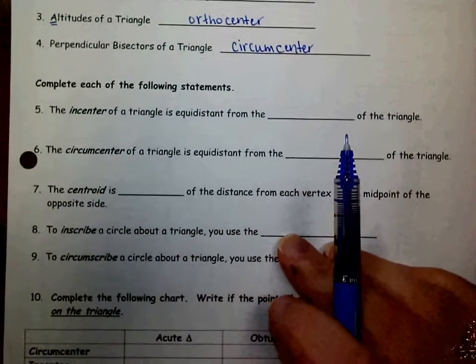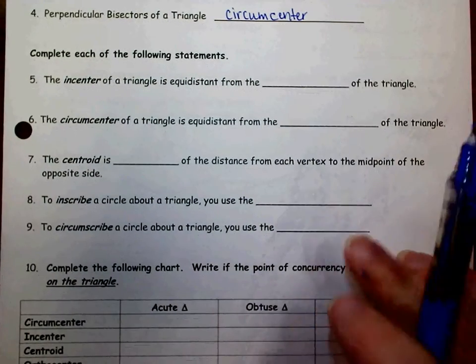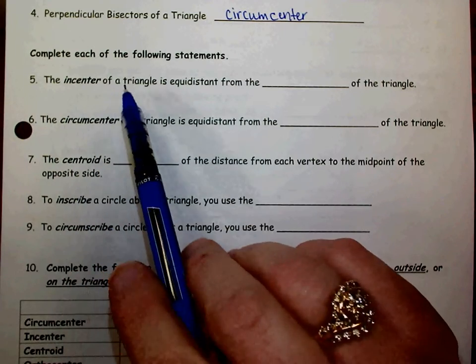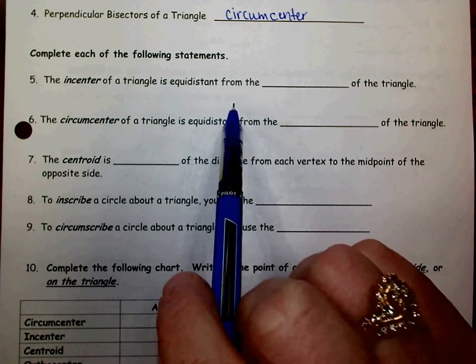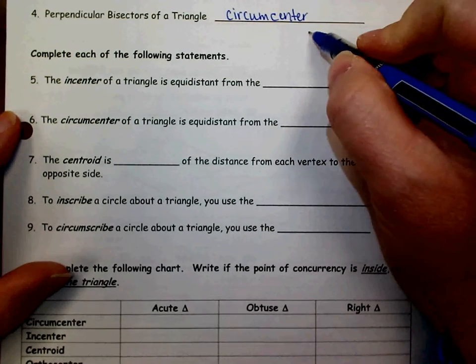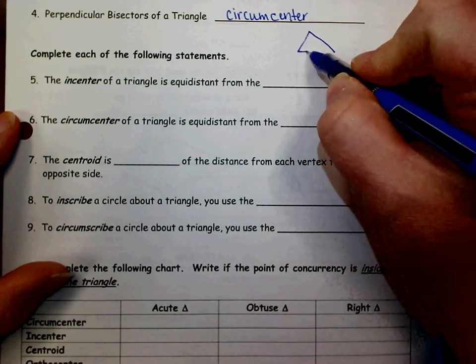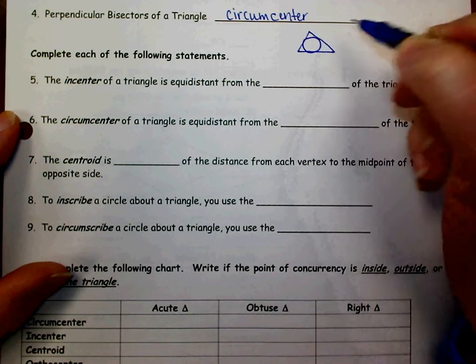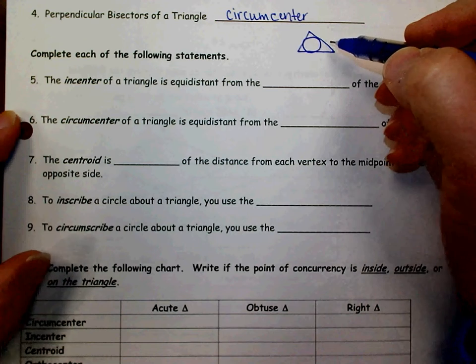Then we have to know the relationships that are formed. Number 5 says the in-center of a triangle is equidistant from the what of the triangle. Remember, the in-center is the center of what we would call the inscribed circle. The inscribed circle is the biggest circle that is inside the triangle.